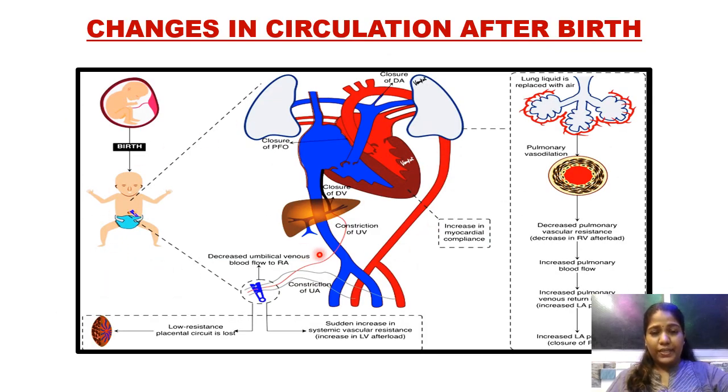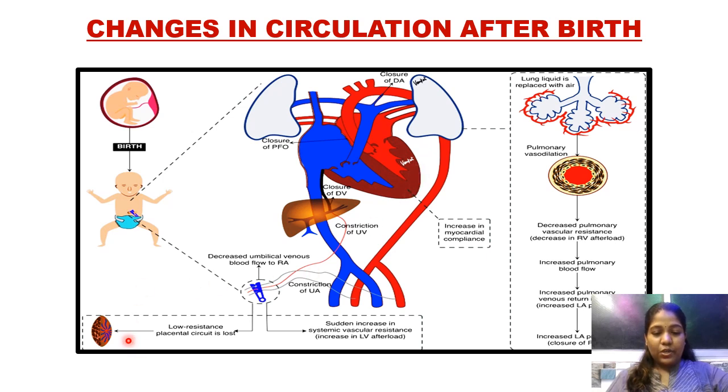So this is the picture showing the changes in circulation after birth. After clamping of umbilical cord, the blood supply through the umbilical vein gets reduced, and the blood entering the right atrium is also reduced. So the pressure drops within the right side of the heart, whereas the lungs will become functional, pulmonary resistance will decrease. So blood supply from the right ventricle enters the lungs. From lungs, gas exchange occurs, and oxygenated blood enters the left ventricle.